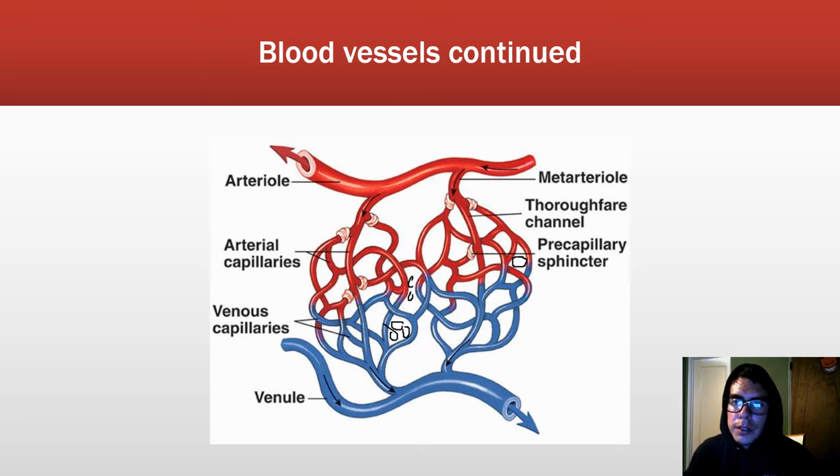So again, O2 would come in here, come down this way, then right here it would come out of the blood vessel into this cell. The cell would use it to perform its function and stay alive, and it would create carbon dioxide as a byproduct, which would then come back in through the venules and capillaries, and then get pumped back up to your heart, then to your lungs, so you'd exhale.